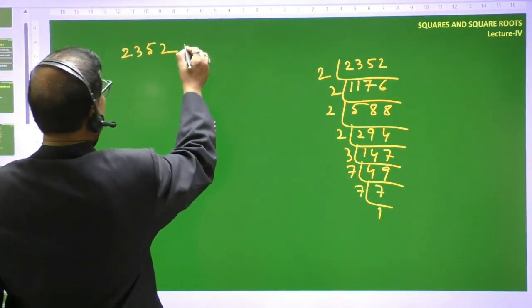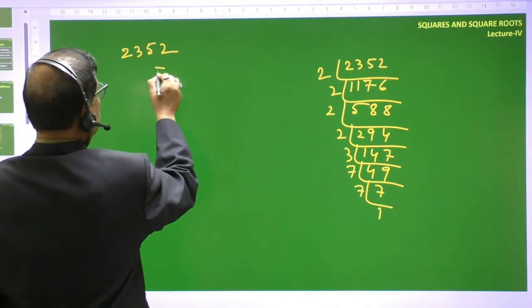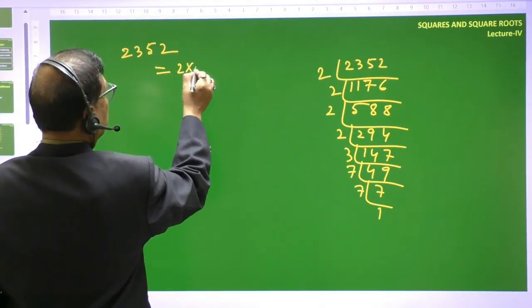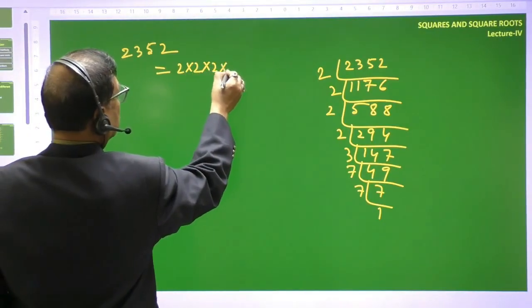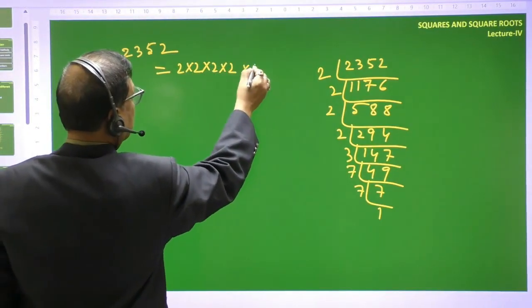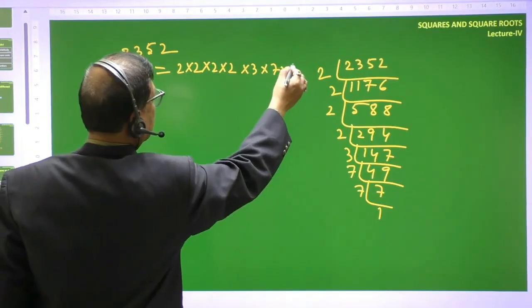So this number equals 2 into 2 into 2 into 2 into 3 into 7 into 7.